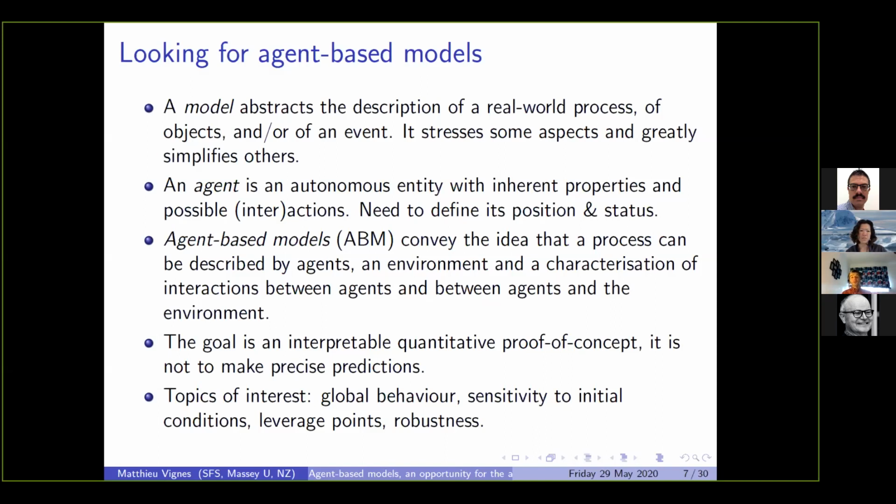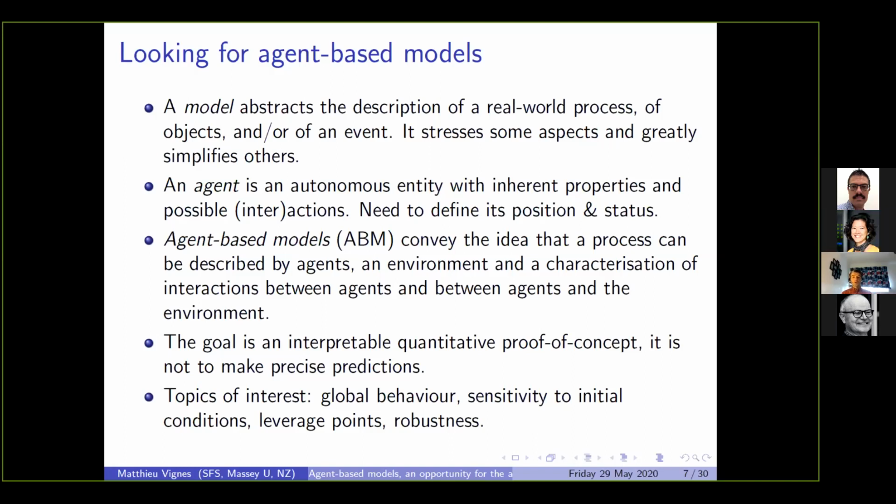Agent-based modeling conveys the idea that a process can be described through these agents, the environment, and a simple set of rules. When I say simple, that means it's a few rules. If you take a piece of paper and start writing them down, that's easy. It boils down to 3, 4 rules overall.